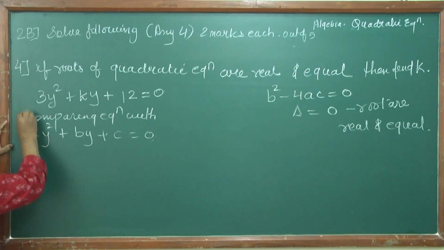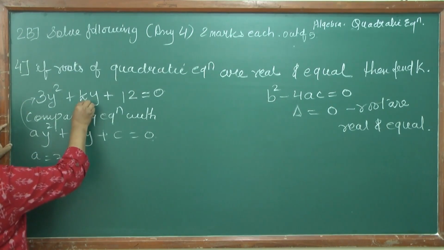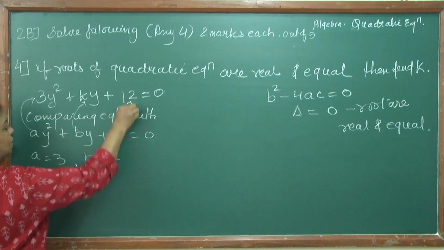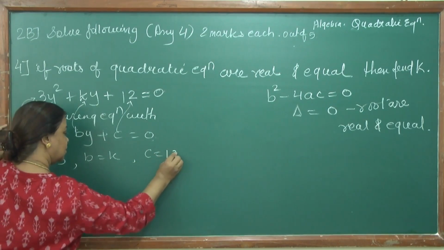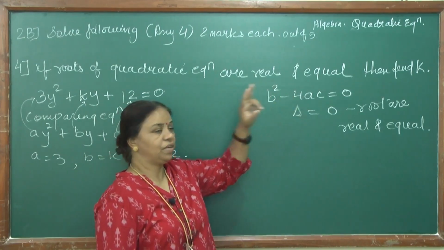Now see here, a is 3, b is k and c is 12. Now you can get the value of b square minus 4ac.